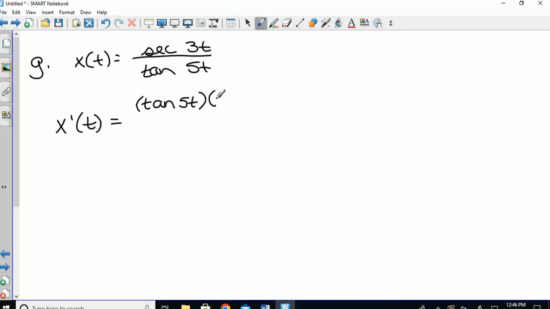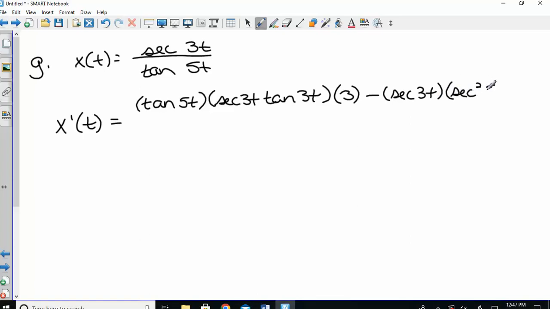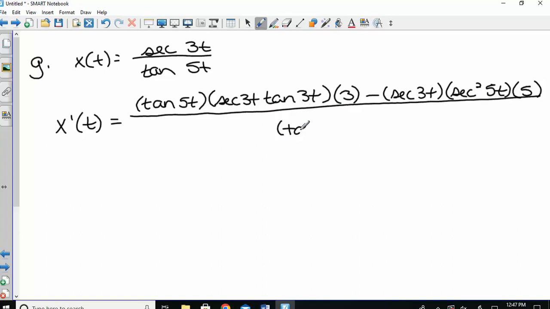So derivative of secant is secant, angle stays the same. Derivative of the inside. The derivative of 3t is 3, minus high d low. Derivative of tangent is secant squared. Derivative of the inside, derivative of 5t is 5, over low squared.